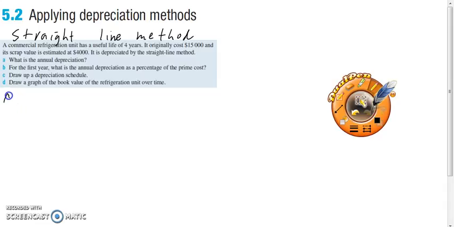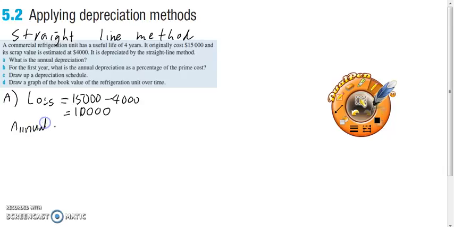So when I'm looking at that first question, the loss equals 15,000, take 4,000, and we get 11,000. The annual depreciation is equal to the loss divided by the number of years.